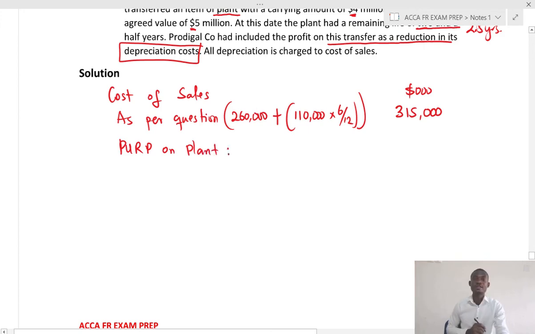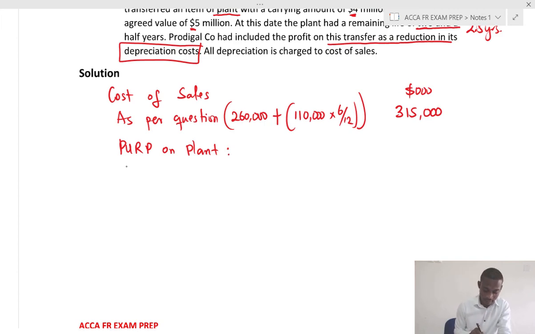Now, there are 2 ways you can calculate this. You can find the total profit on the sale, and then you less what we call excess depreciation. I'll work the 2 ways, and then you decide which one you are comfortable with.